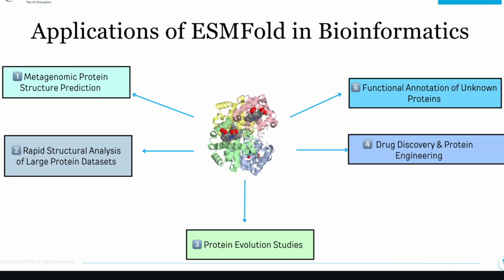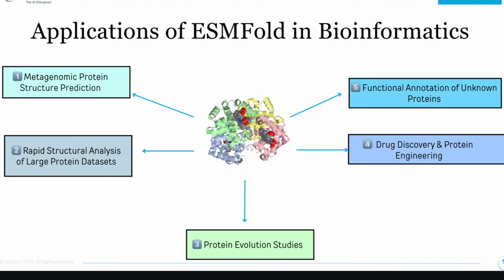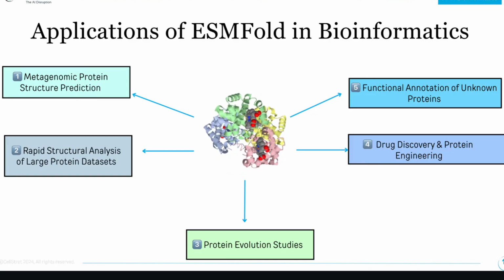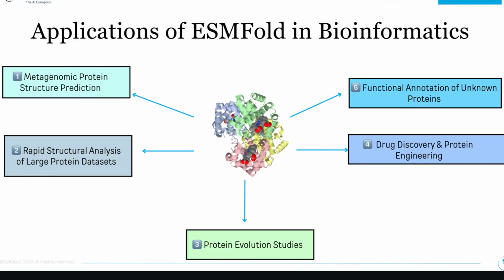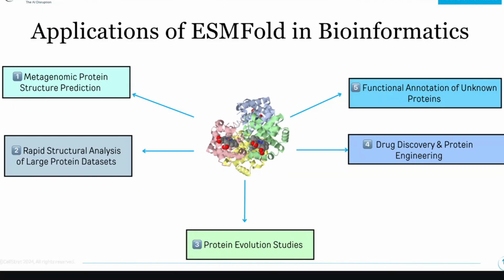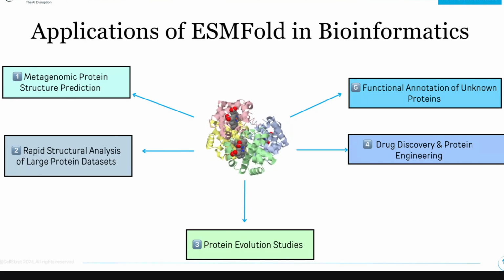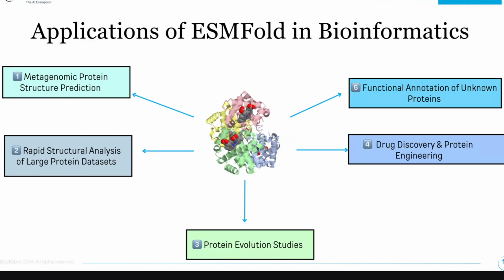So take this protein sequence as an example. I am going to show how a single sequence input greatly speeds up the prediction process while maintaining high accuracy in predicting atomic resolution structures. Moreover, ESM fold outperforms other methods when dealing with proteins that have few homologous sequences.